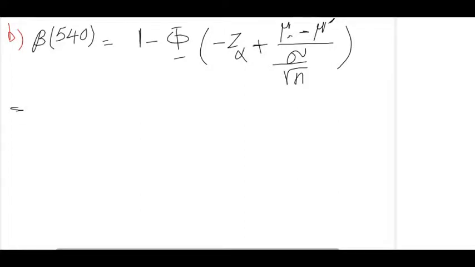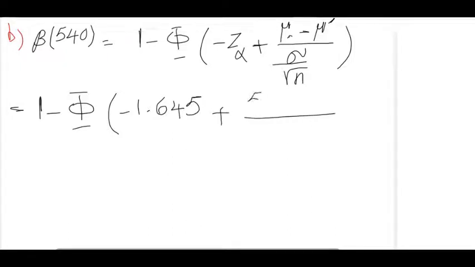So it is 1 minus Z alpha, Z for 0.05 is 1.645. We had it before. Mu 0 is 550.